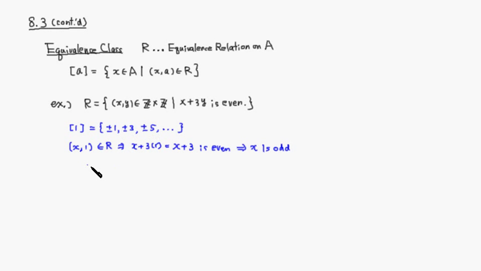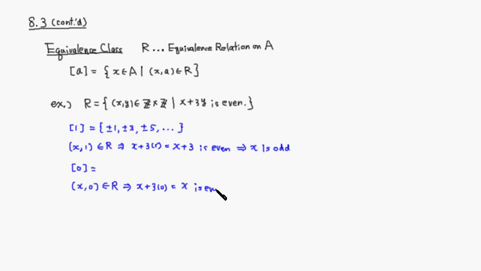How about the equivalence class represented by 0? If x is related to 0 by this relation R, which means that x plus 3 times 0 is even, but this is the same thing as x, so x is even.